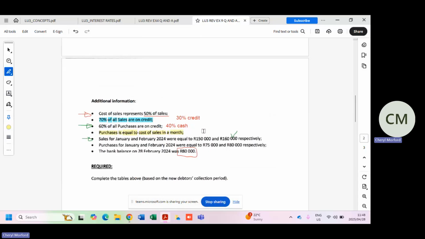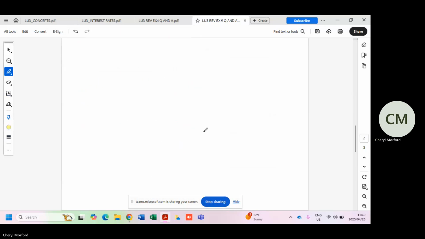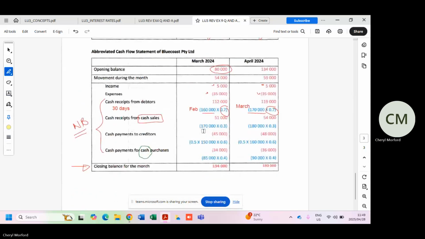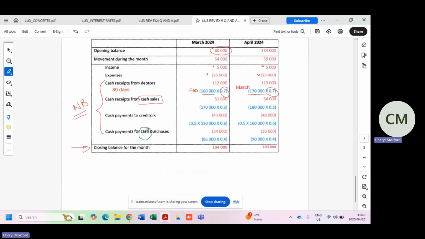So 50% of that. And then when is that going to be made? I'm going to make that payment in March because remember we are starting with the cash purchases. So have a look over here. There it is. It's going to be the 40% because that's the cash component.